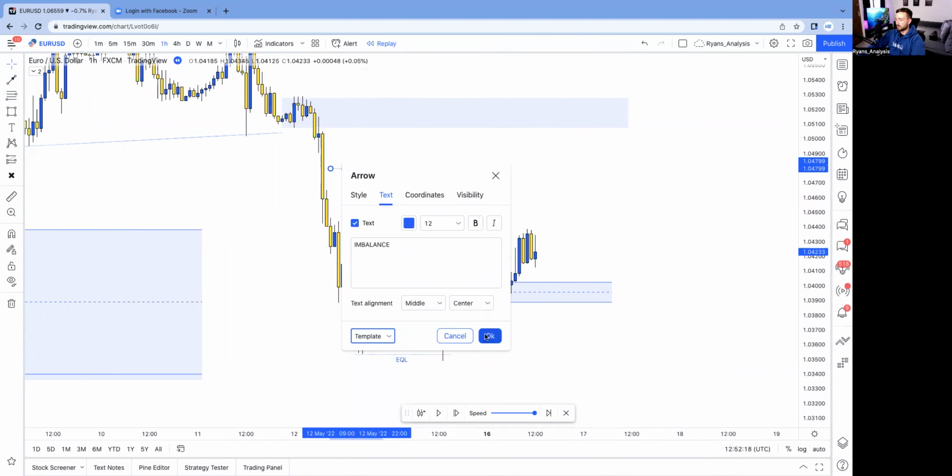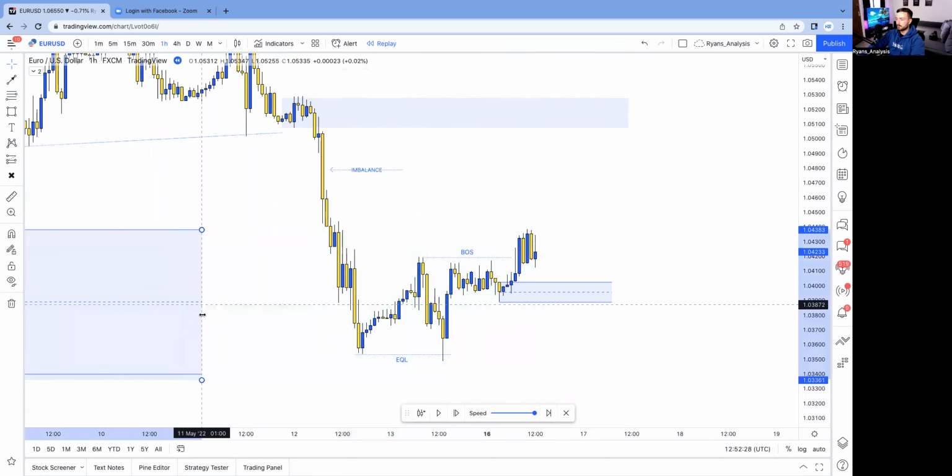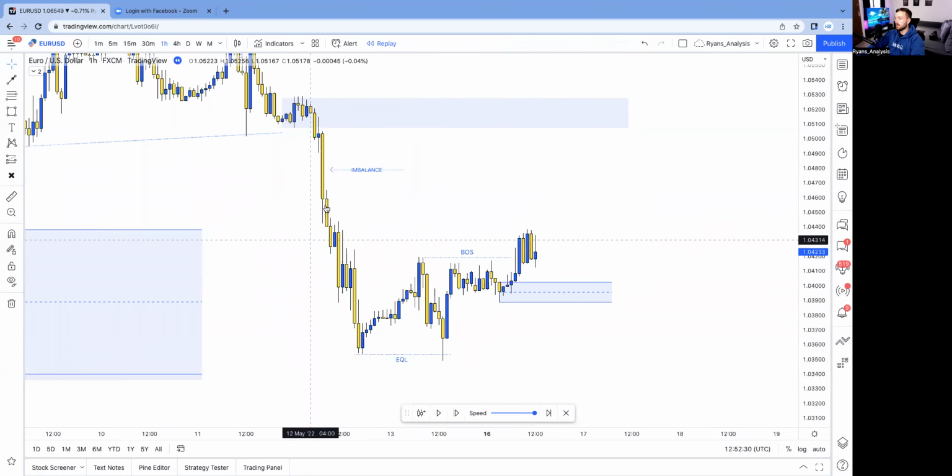Basically, what imbalance means is that when this move happened to come down into this weekly area, it left imbalance. We're just leaving the line out of the way to make this look cleaner. There were too many sellers in the market at the time, which left imbalance where, on either side of this candle, there were no wicks.